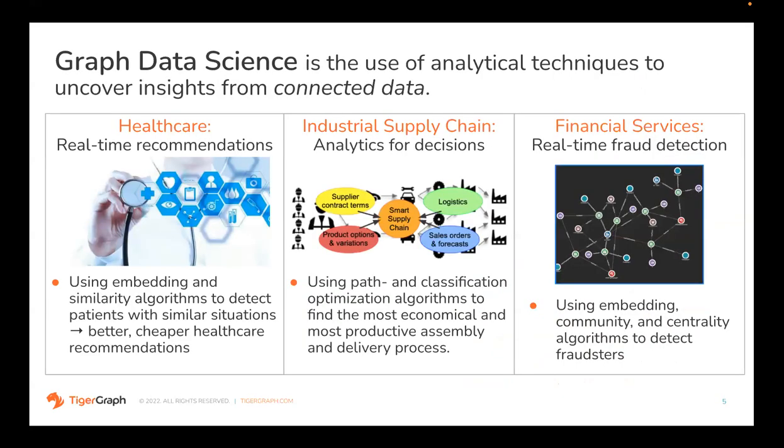So, graph data science, what is that? Well, it's a pretty broad term. It's the use of analytical techniques to uncover insights from connected data. So the graph is the connected data. Sometimes just the process of connecting it reveals relationships that you weren't able to see before.